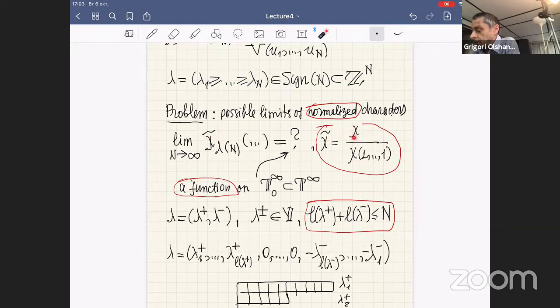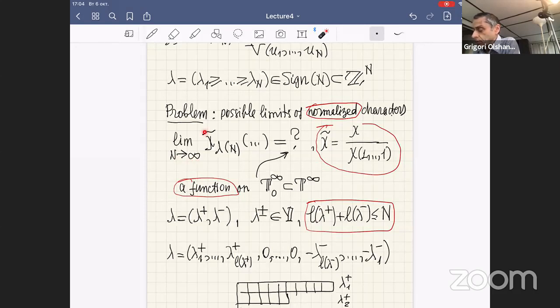We divide the character by its dimension, which is nothing else than the value of the character at the point 1, 1, 1. And we assume that our signature varies together with capital N and goes to infinity.